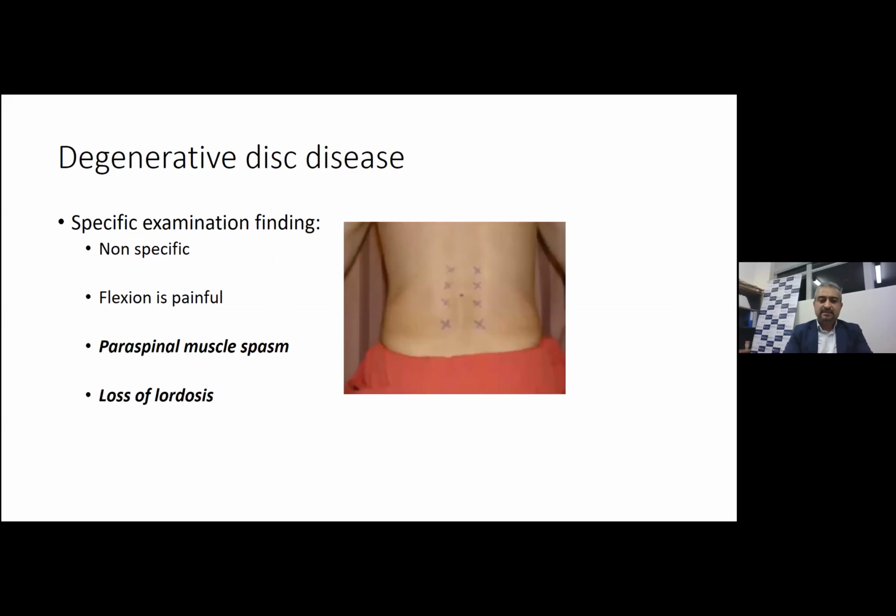There is nothing specific in terms of examination finding, but generally they are stiff in their movement. In the acute stage of the process, you will see this really tight, big spasm in the paraspinal muscles. Because of that spasm, the lumbar lordosis may be less, or on X-ray, you may see a straight spine.